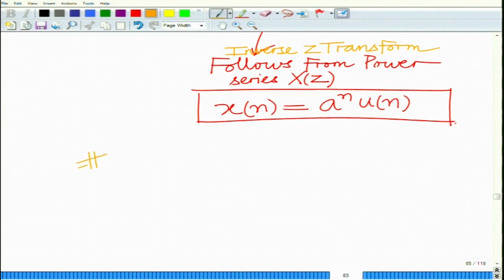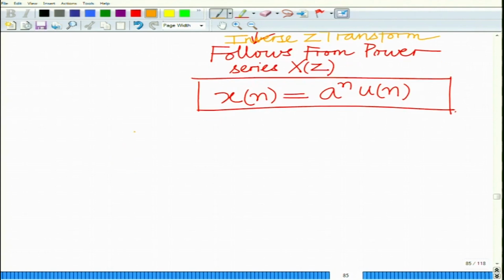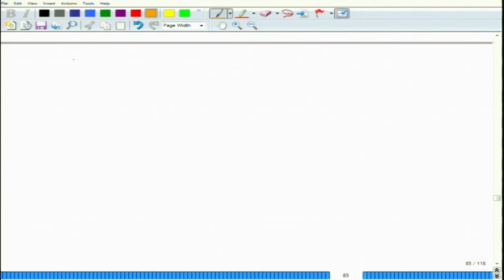Let us now look at another example, example number 5. Let me start on a fresh page, I think that will make it more convenient.